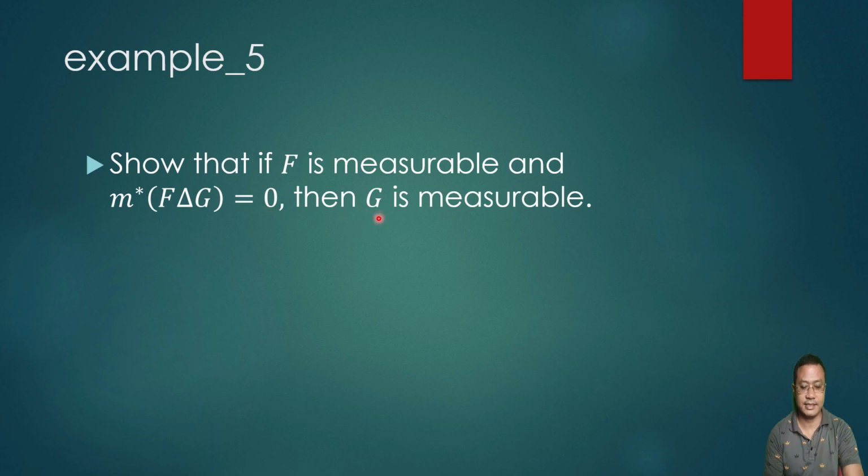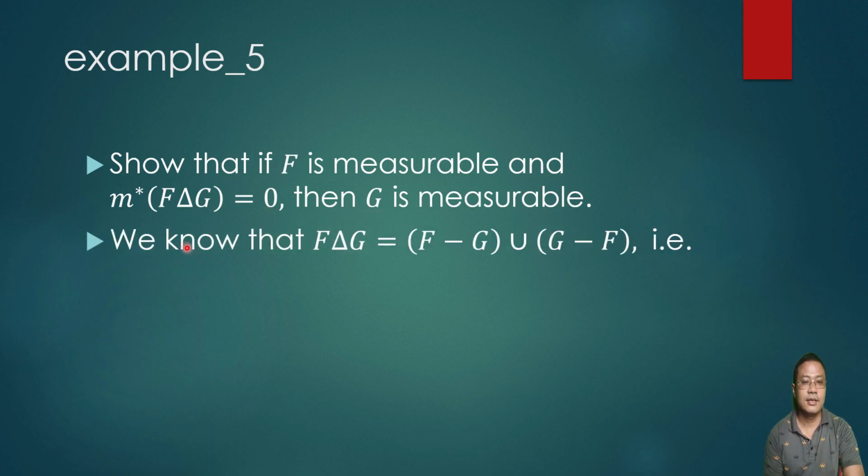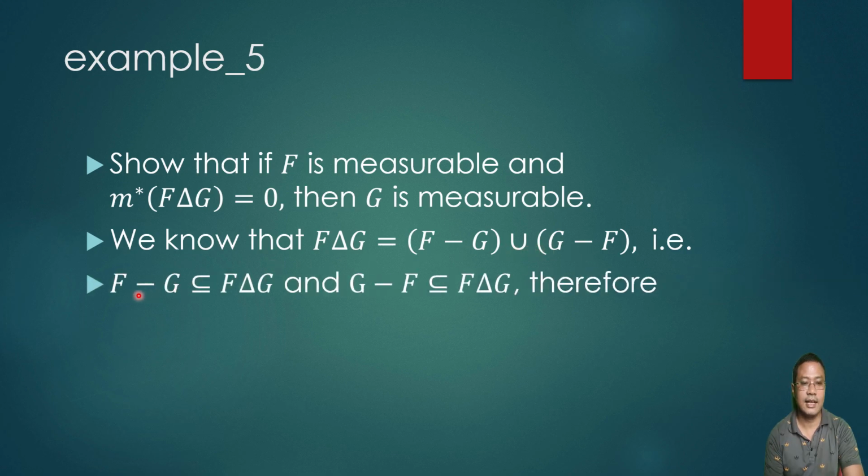All right, so we know that the symmetric difference is defined by this one, F difference G union G difference F. And then from the equality, it is very clear that F difference G is a subset of F symmetric difference G, and G difference F is a subset of F symmetric difference G.